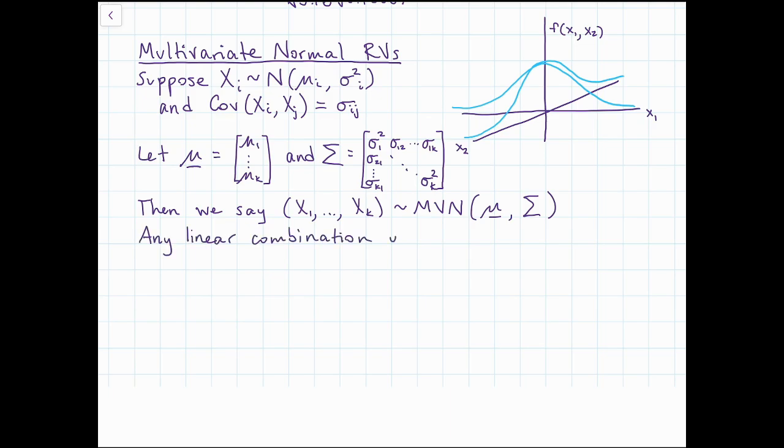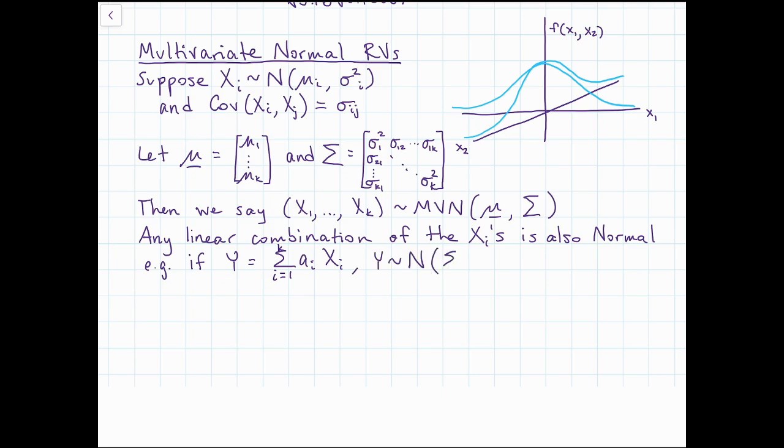Some cool stuff is going to happen with them. In particular, any linear combination of those xi's is also going to turn out to be a normal random variable, which is pretty neat. So imagine we have some linear combination, y equals the sum of ai xi, as i goes from 1 to k, then y is a normal random variable itself. And its mean and variance can be calculated using the rules for means and variances of any linear combination.